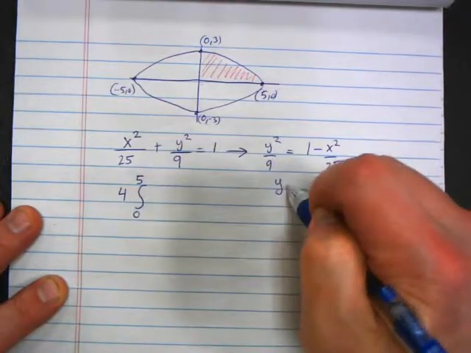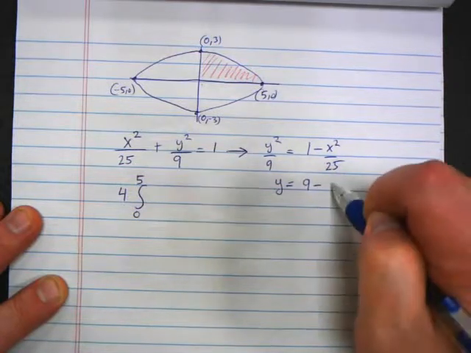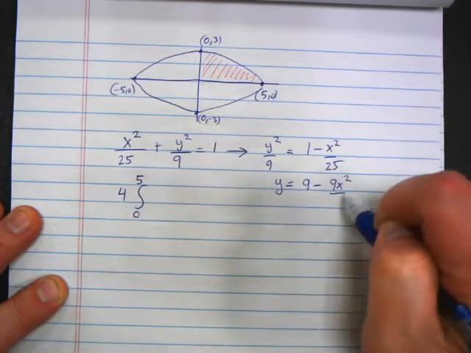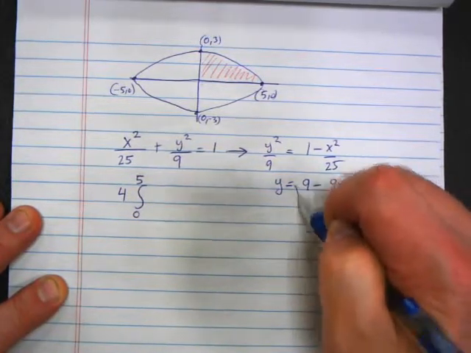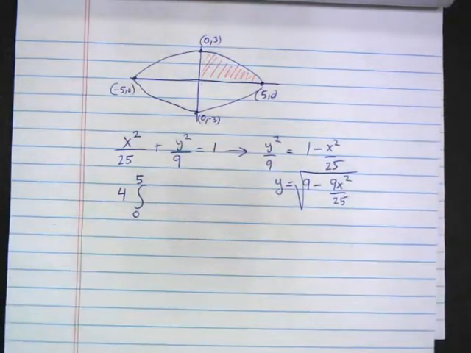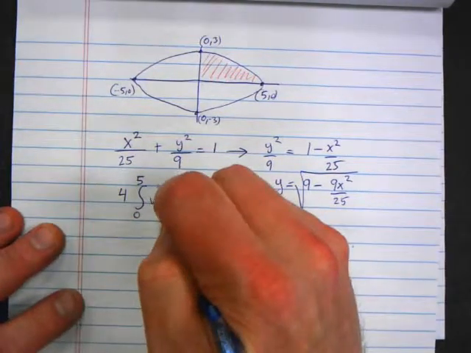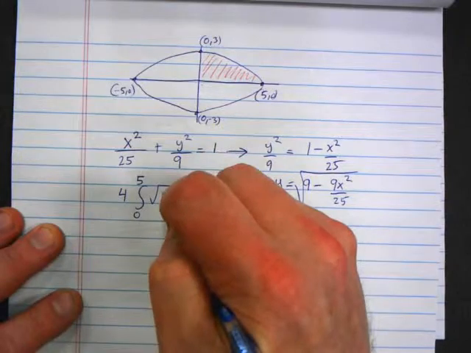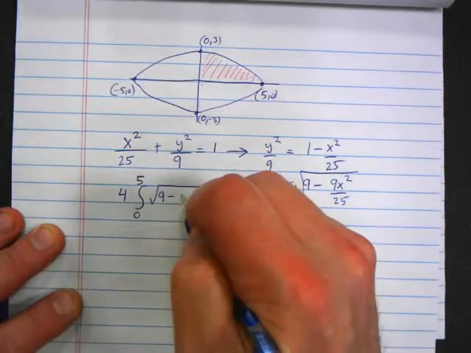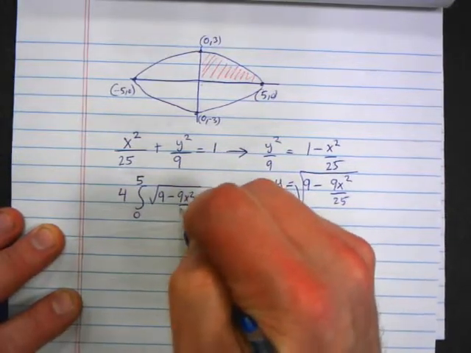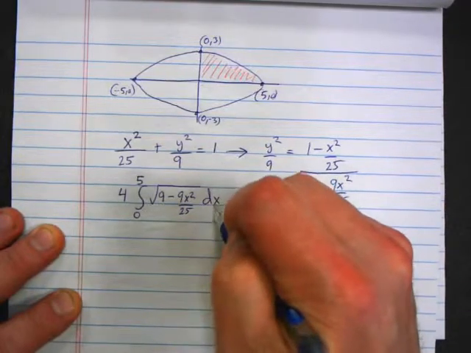So y is the square root of 9 minus 9x squared over 25. Okay, so that's the square root of 9 minus 9x squared over 25 dx.